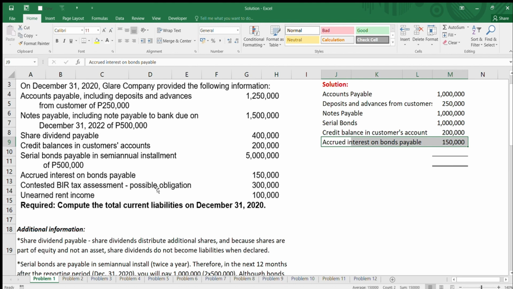So, that is part of your current liability as well.